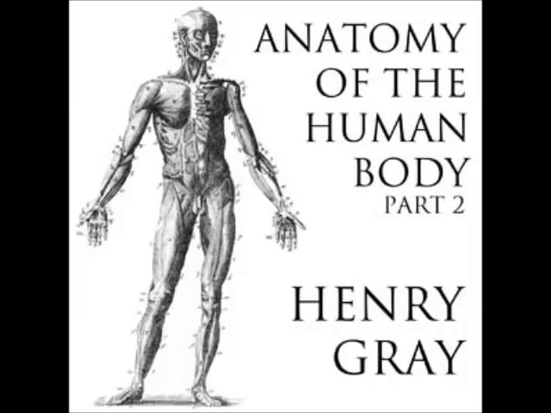The transverse metacarpal ligament, ligamentum capitulorum ossium metacarpi transversum. This ligament is a narrow fibrous band which runs across the volar surfaces of the heads of the second, third, fourth, and fifth metacarpal bones, connecting them together.